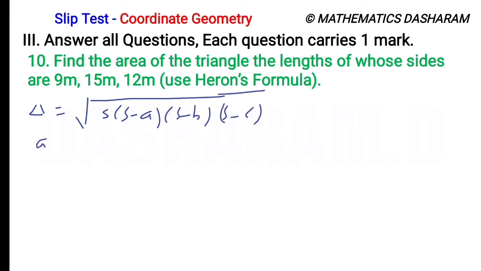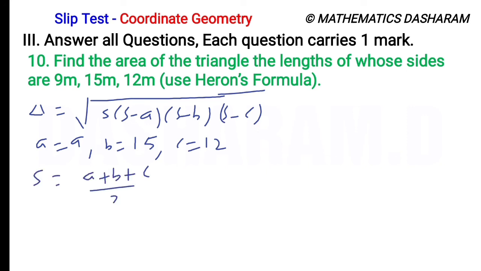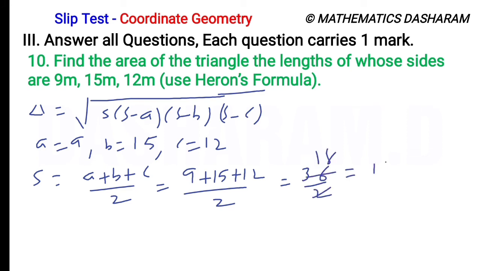So here a value 9, b value 15, c value 12. First we need to find the s value, that is a plus b plus c by 2. So 9 plus 15 plus 12 by 2. 9 plus 15 is 24. 24 plus 12 is 36 divided by 2. 2 ones are 2, 2 nines are 18, so 18.